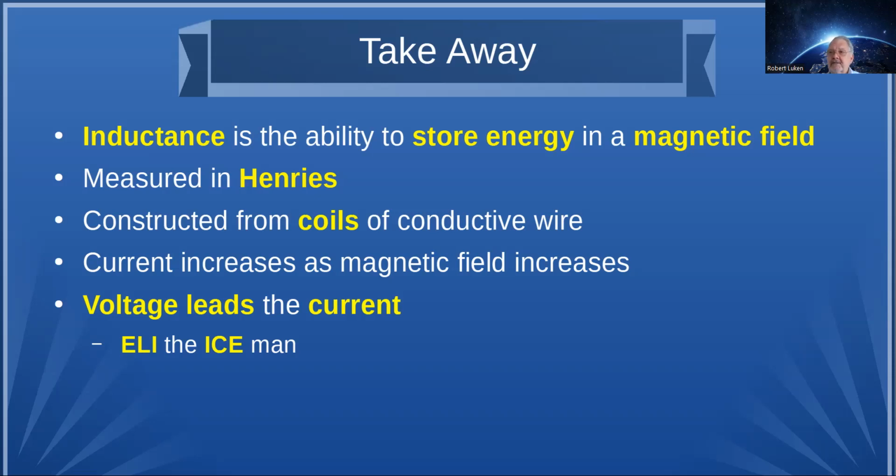In other words, the voltage increases before the current increases. In the capacitor, or the Iceman, the current in the capacitor leads the voltage. So the current increases before the voltage increases.